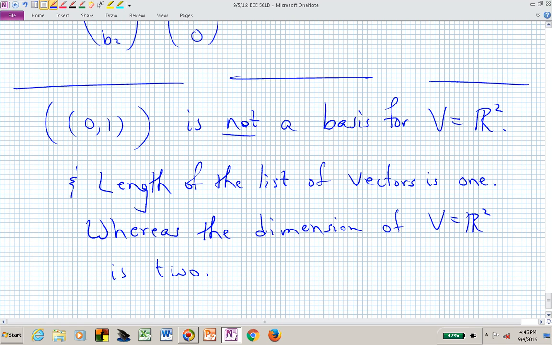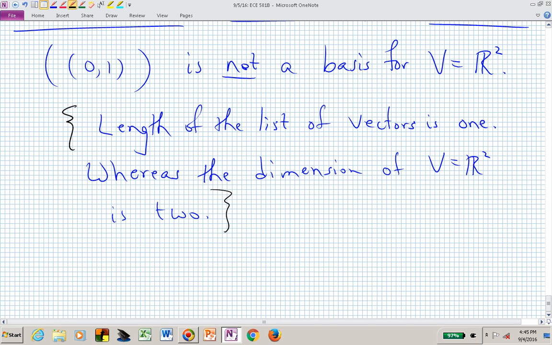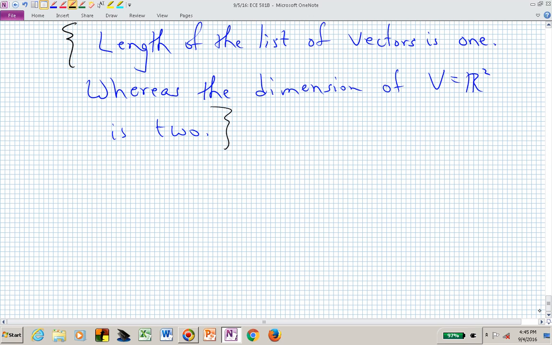So here you can see that the reason that this single vector is not a basis is not because it's not linearly independent. That vector 0, 1 is definitely linearly independent, but it doesn't span all of the vector space V.